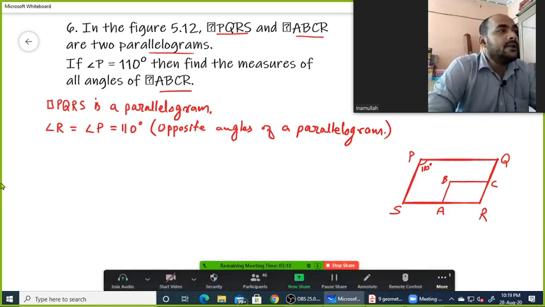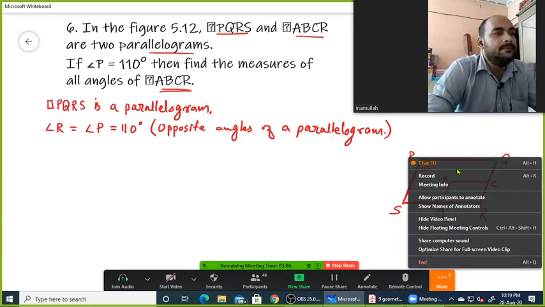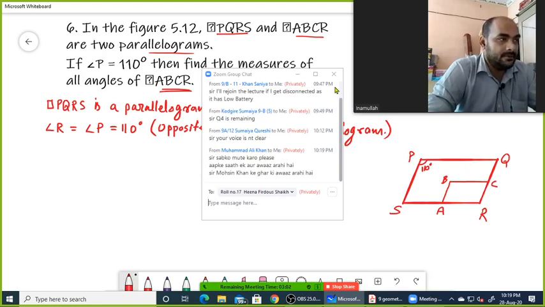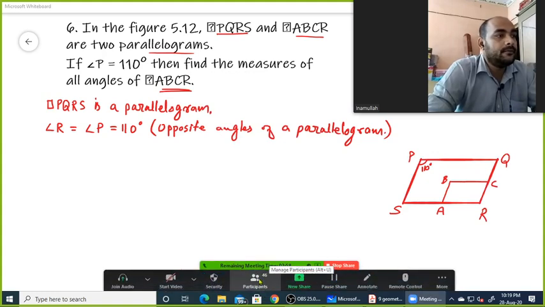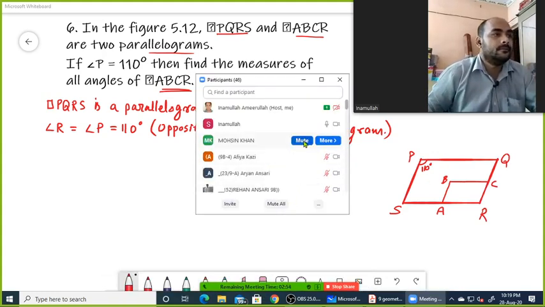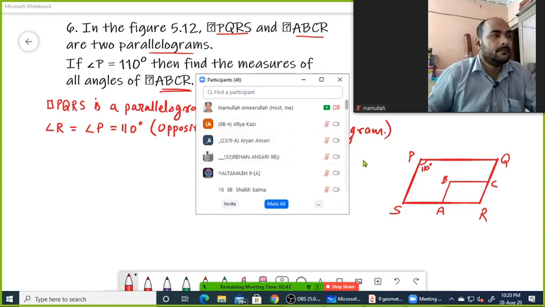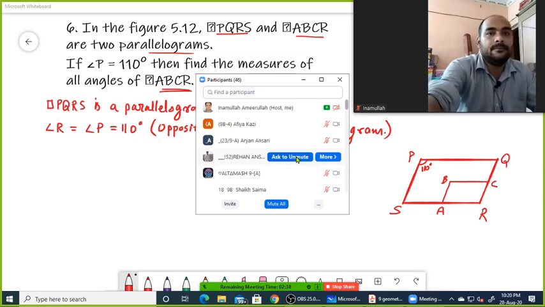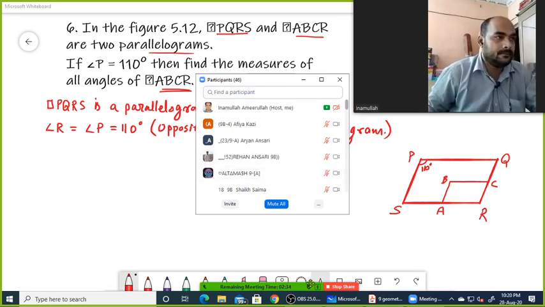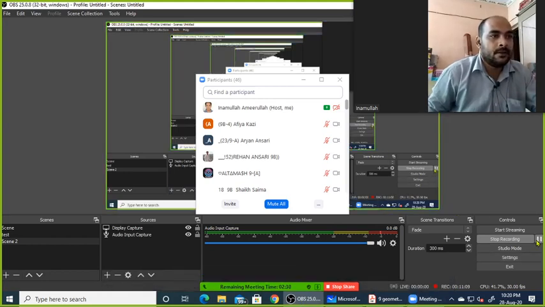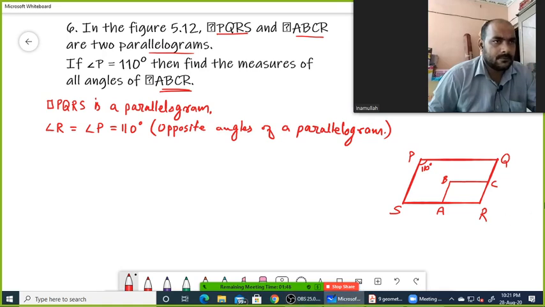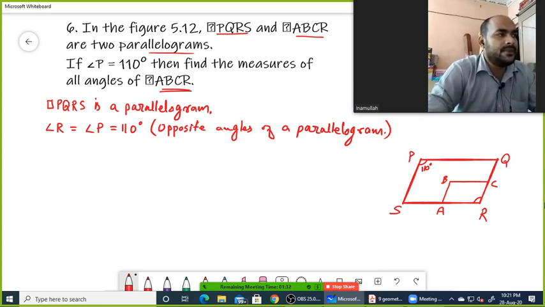So this angle R is also 110 degrees. We found it with the help of the property of opposite angles of a parallelogram.